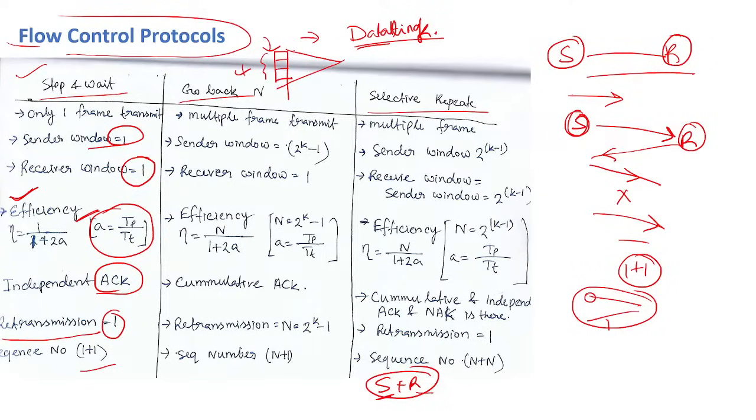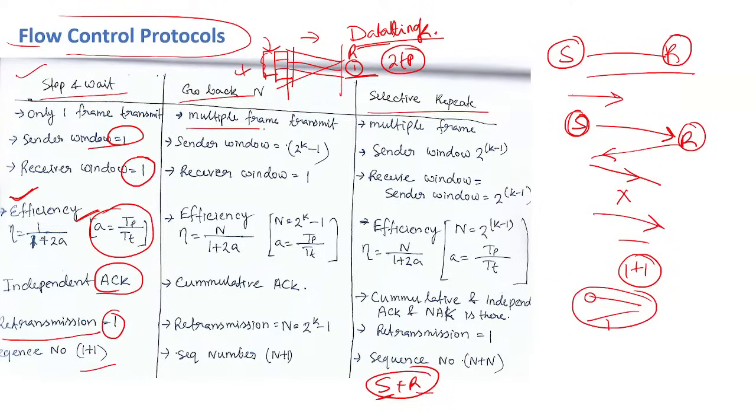Without waiting, in that 2 TP gap time, within that gap time it will send more packets, so that there will be no wastage of time. That is called go back N. But receiver is receiving only one packet at a time. Sender is sending multiple packets, but receiver is receiving only one packet at a time. Okay, so that is the reason.